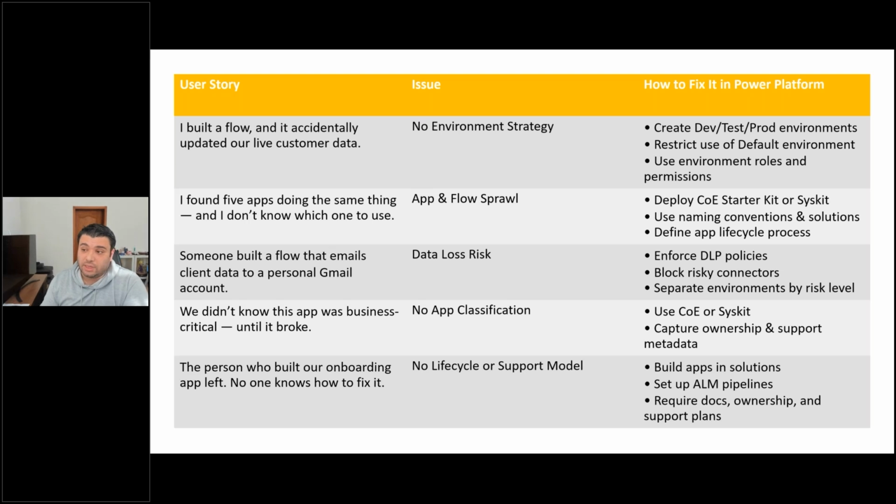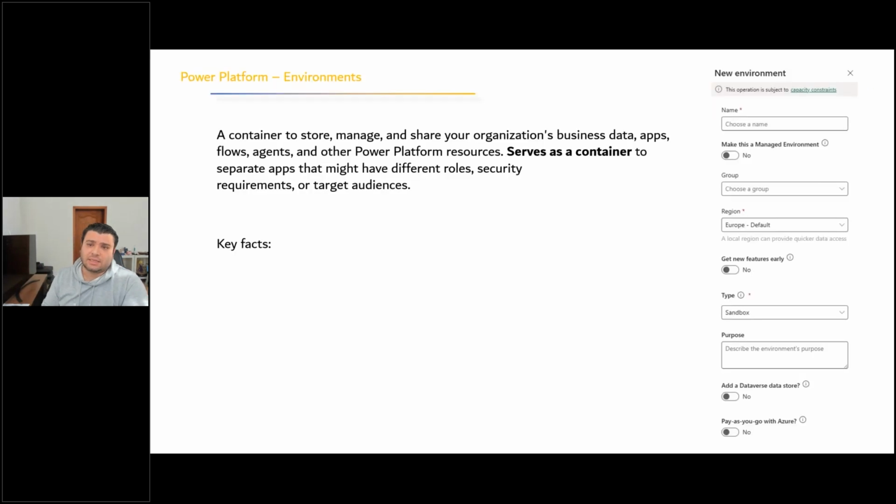We can do that within the admin center. But if you go for the second one, it's going to be better for you to have a tool like Syskit that could help you find the apps and flows, so you can just extract information from there. Now, we'll go into details, and then we'll move to the demo.